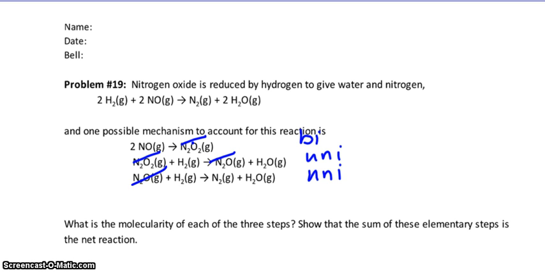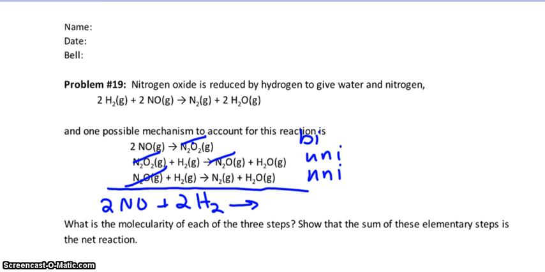Looks like these 2 things can cancel out. And I think that's about everything. So we had 2 intermediates in this one. So here's your 2 NO right here, plus right here is 2 H2, and I'm leaving out my gases, I'm sorry, yields 1 nitrogen and 2 waters. Ta-da! All right, let's do problem number 20 next.